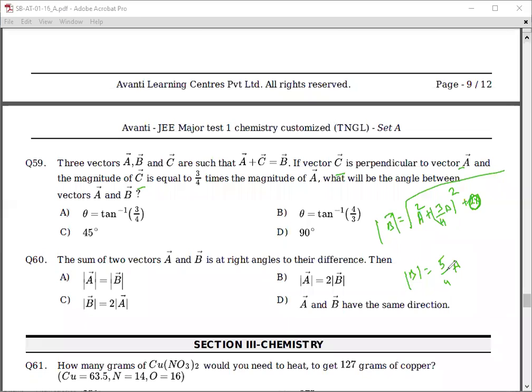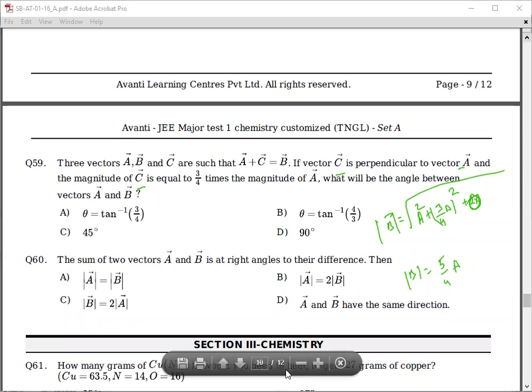So can you find the angle between A and B now? Think about it. Can you find the angle between A and B now? सर कैसे निकालेंगे सर? Magnitude of A पता है, magnitude of B पता है, और क्या पता है? Tell me, और क्या पता है?